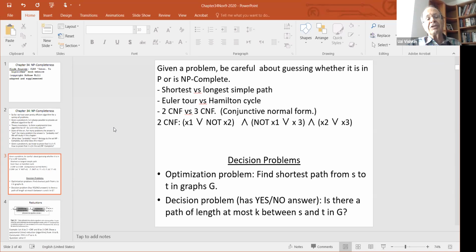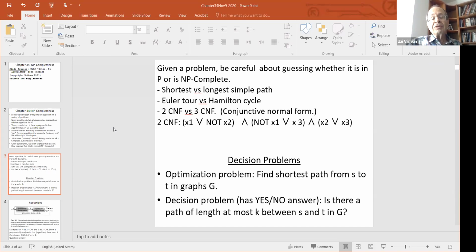Not only that it's efficient in the P versus NP sense, but it actually has low complexity and so on. And for the other problem, we have no clue how to give any polynomial time algorithm for it.